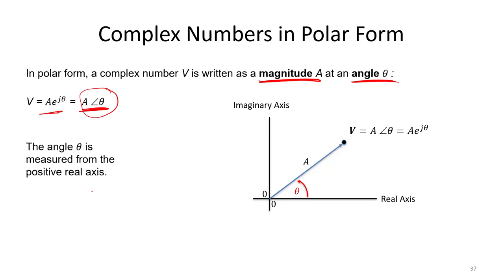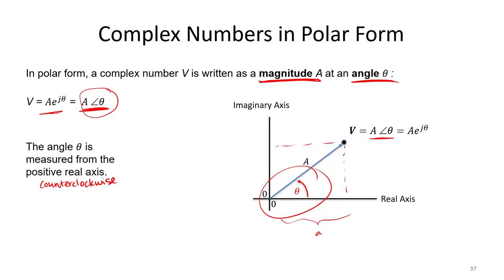Notice theta is measured from the positive real axis and counterclockwise. So if we have a positive value of theta, then we measure it in that direction. So we can also write complex number as A angle theta.